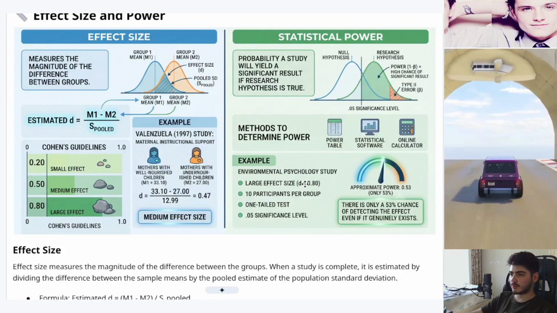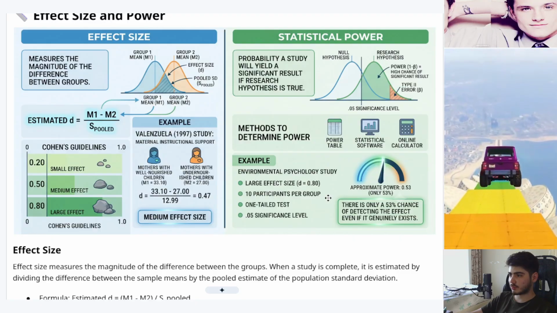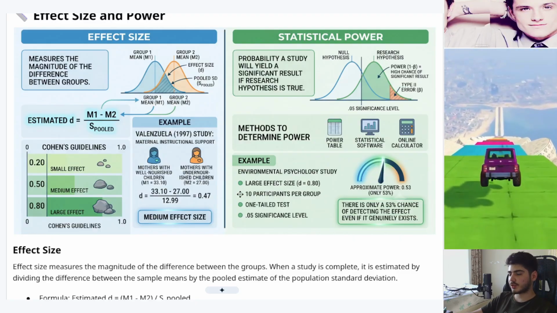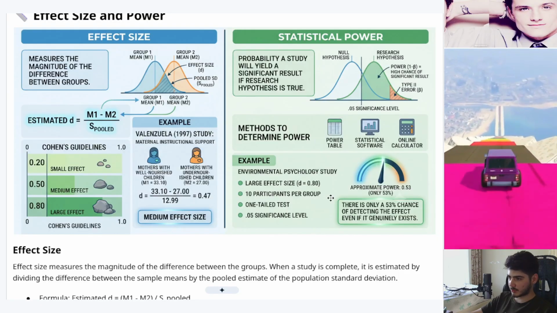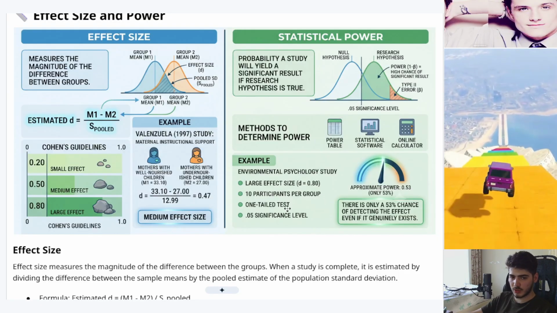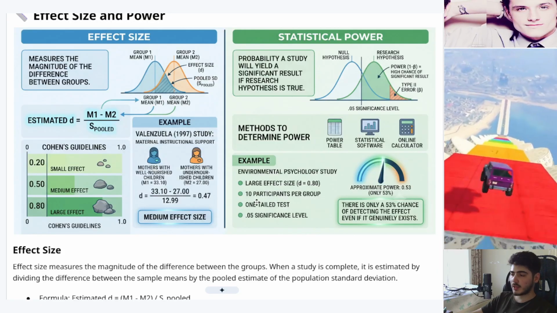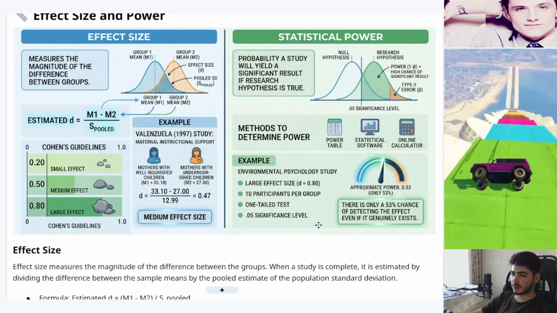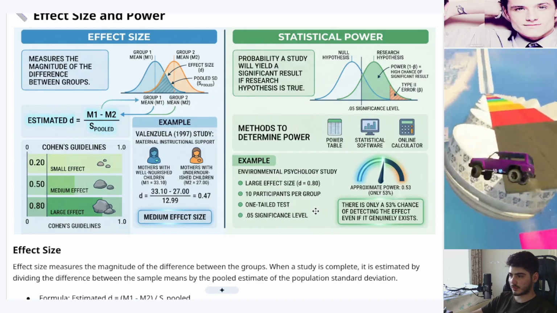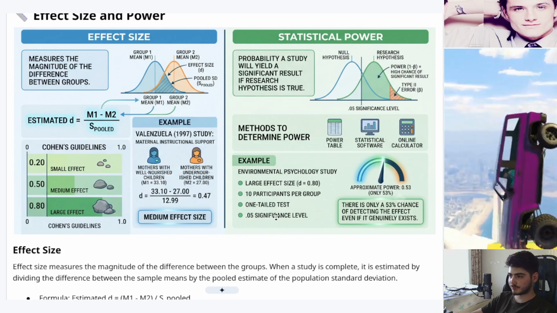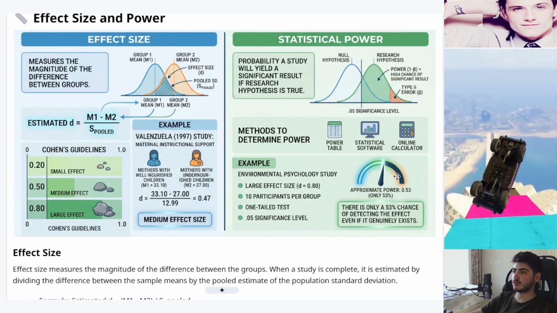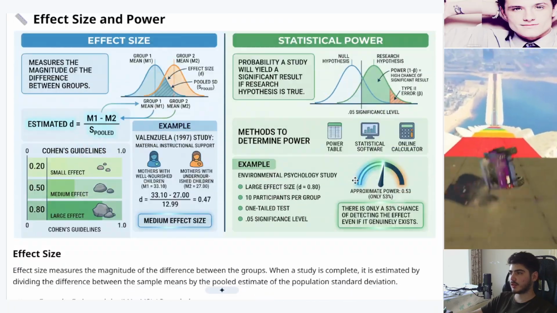You can do 10 participants per group. Oh, wait. You can get more participants per group. You can convert your test into a one-tailed test, and you can make your significance level higher. And that will make your power higher.